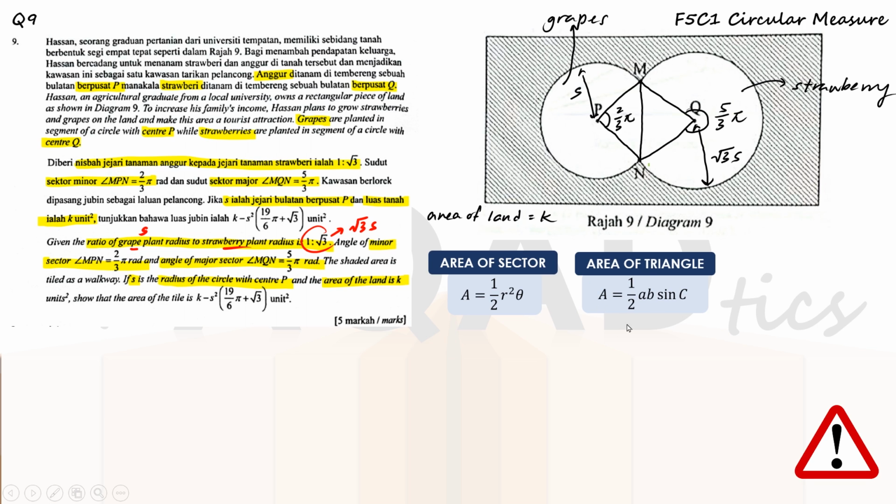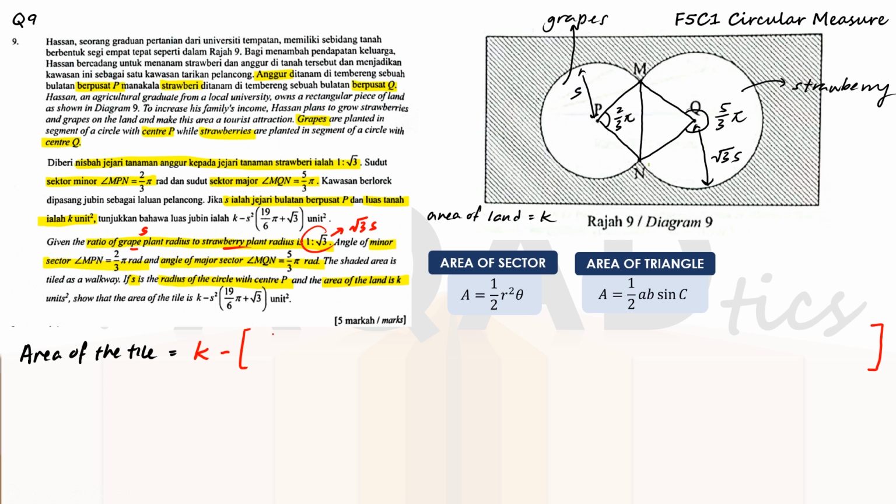The area of a triangle comes from the chapter Form 4, chapter 9, solution of triangles. So to find the area of the tile, first K, the area of the whole land, minus these four areas.